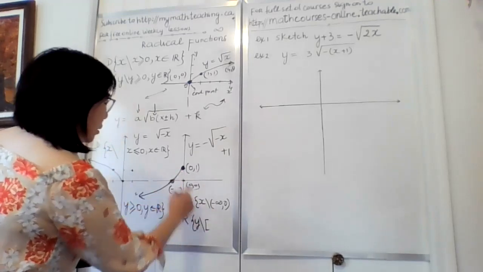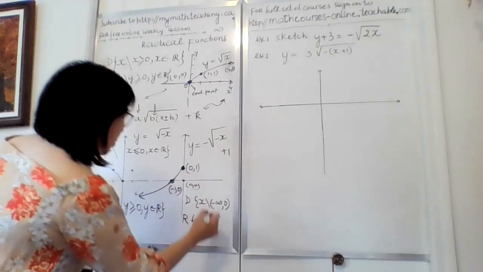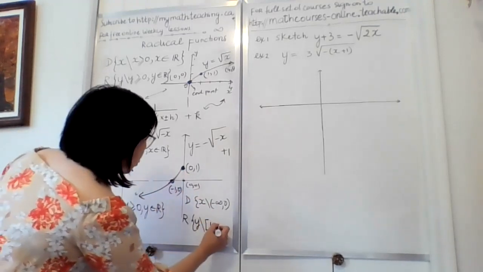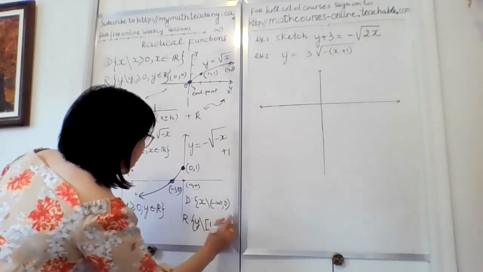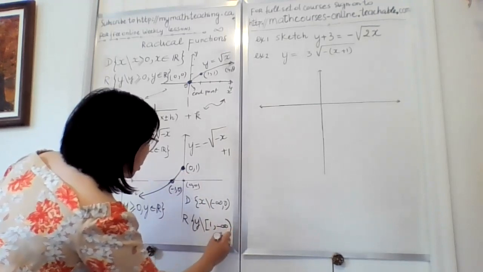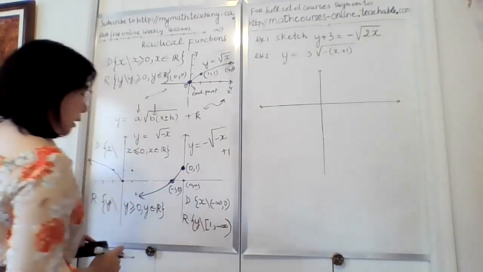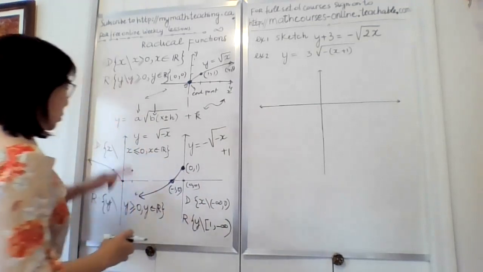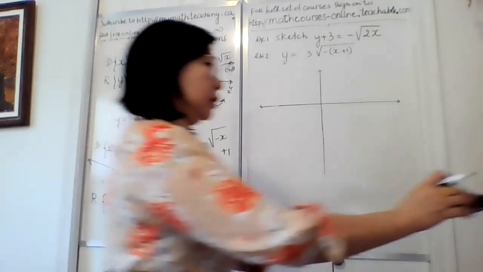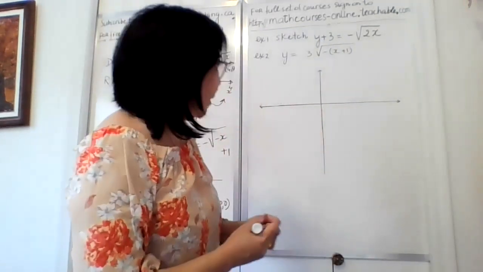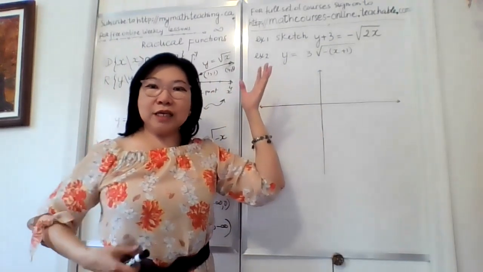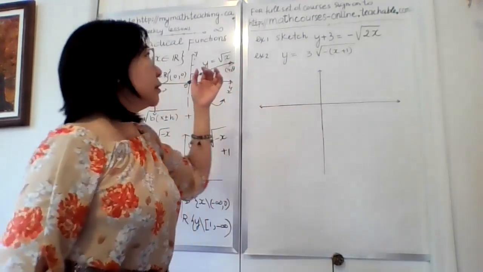So y starts from the number 1 and goes all the way down to negative infinity, and for negative infinity you use the curved bracket. So that's how you state the domain and range of this radical function. Now for this one, I would like to show you how to sketch this function.